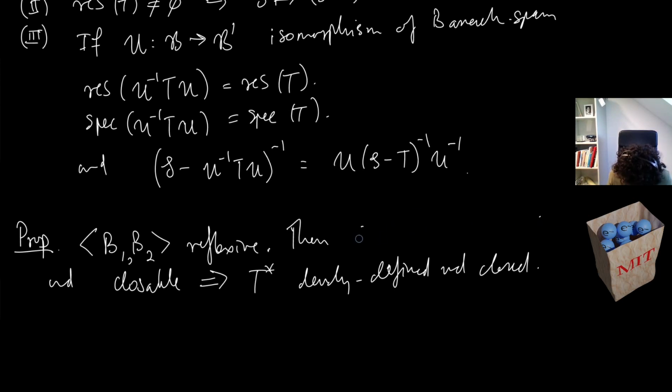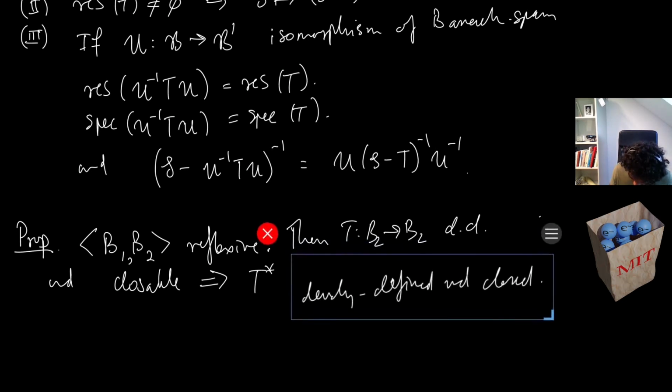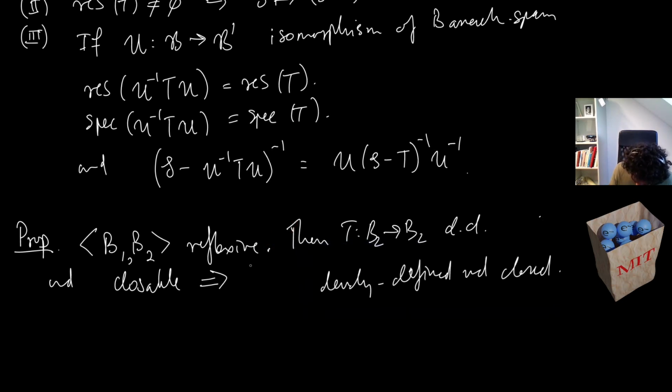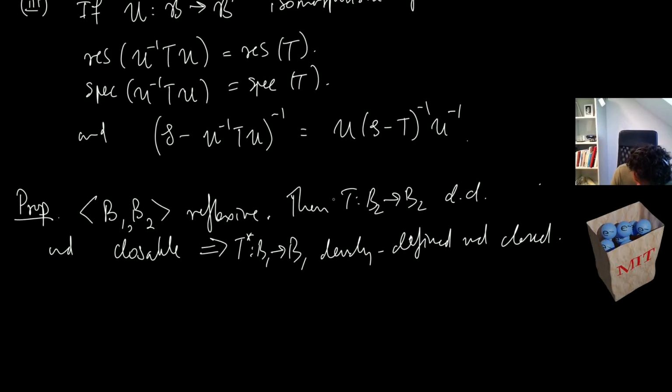So T maps from B2 to B2, densely defined and closable, implies T star, the adjoint, is going to be on the other side of the pairing, right? So this is now going to map from B1 to B1. This is densely defined and closed. So that's the first thing.